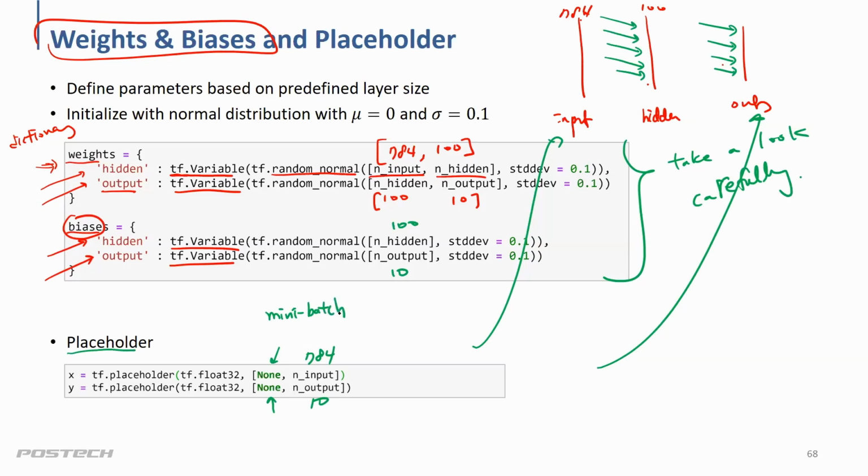I'm not sure how many data points there will be. Eventually it's gonna be the same as the batch size. If I decide 100, that means I'm gonna have 100 MNIST data samples. So I'm just gonna put None, because I haven't decided the batch size yet. But eventually I'm gonna assign it. So that's for the placeholders.